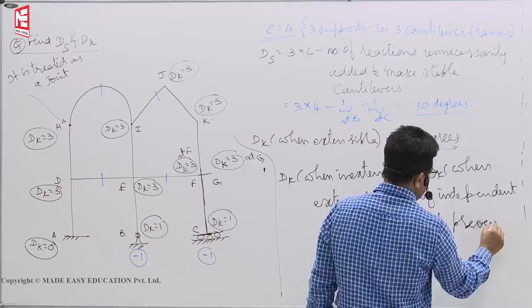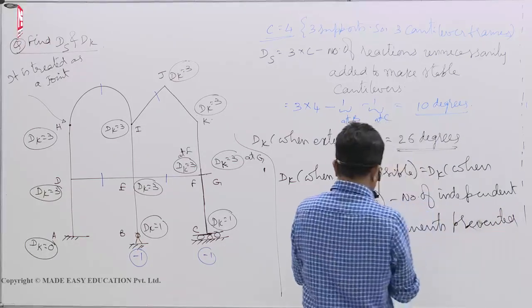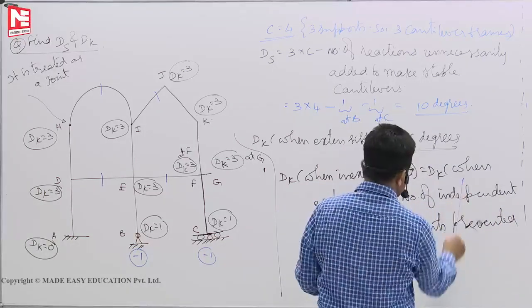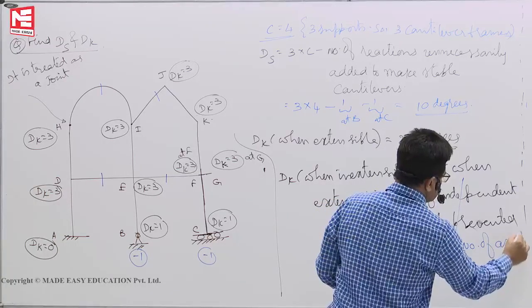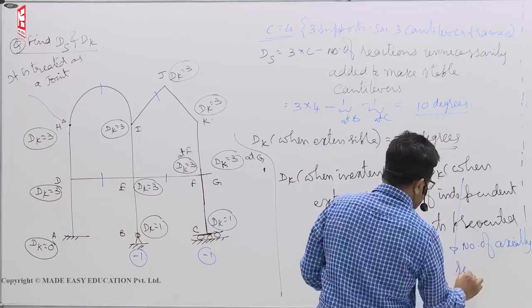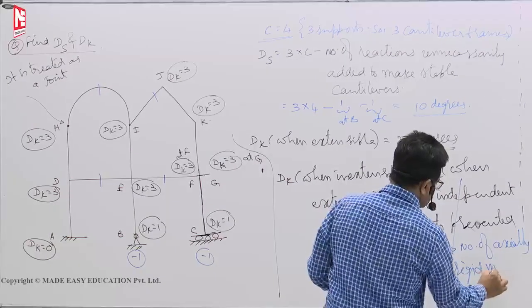Independent displacements prevented is nothing but the number of axially rigid members.